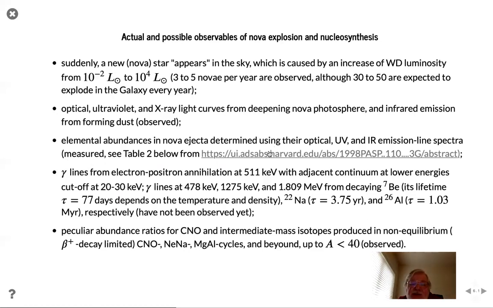Also, ideally we would like to see gamma lines from novae at these energies: 478 keV, 1275 keV, and 1.809 mega electron volts, from decaying beryllium-7, whose lifetime is 77 days, and, depending on temperature and density, respectively from sodium-22 and from aluminum-26.